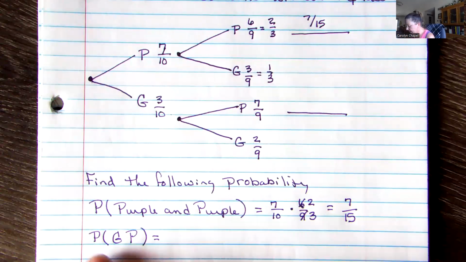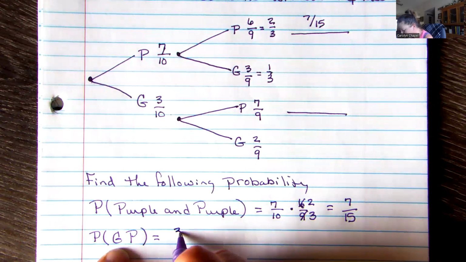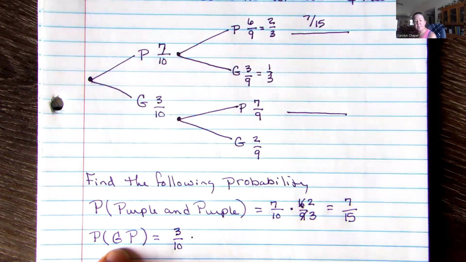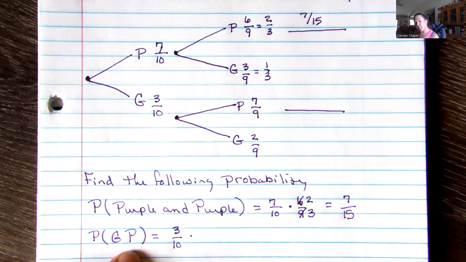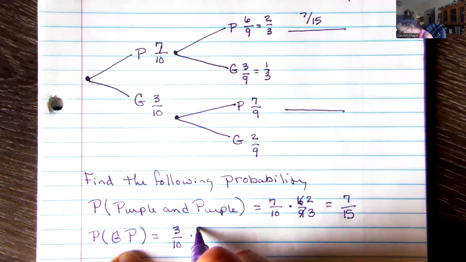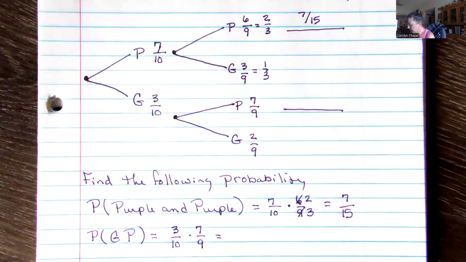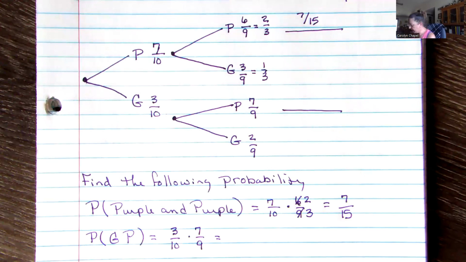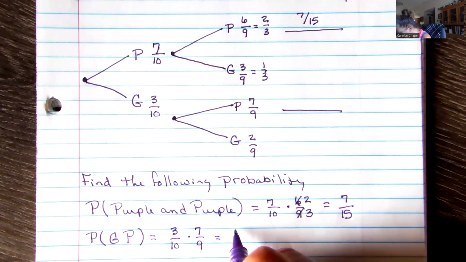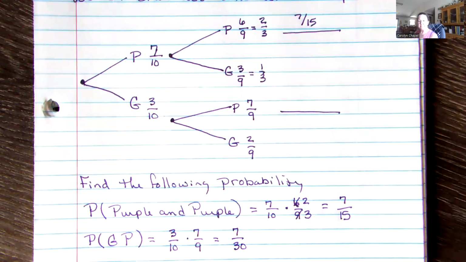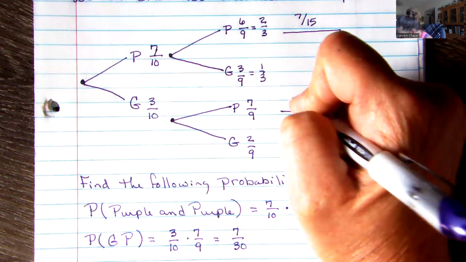Okay, so the probability that we got a green on the first, which is our 3 out of 10, multiplying it by the probability we get that purple on the second, given the green on the first, that's that 7 out of 9, which if I multiply those together, gives me 7 out of 30. Doing a little bit of reducing as I go.